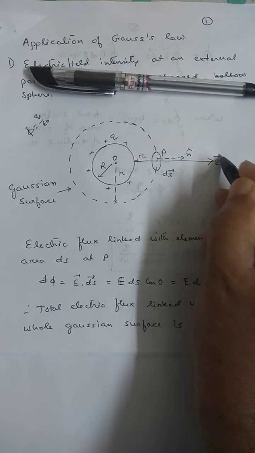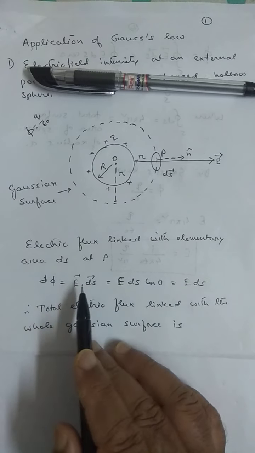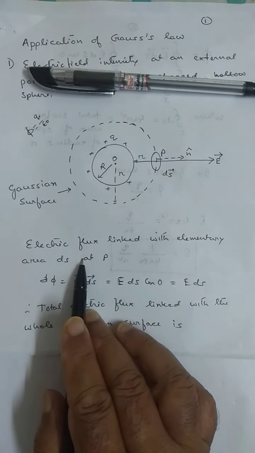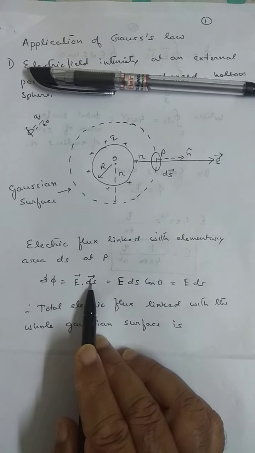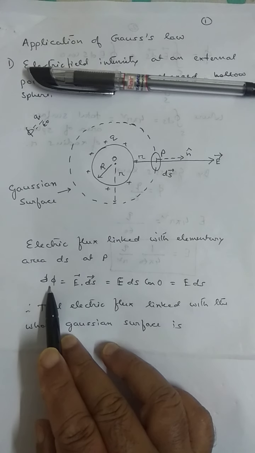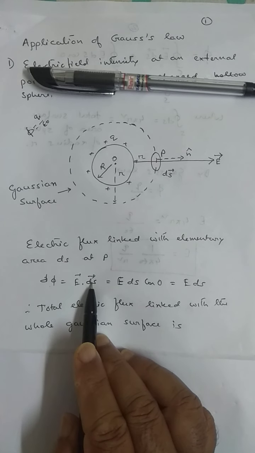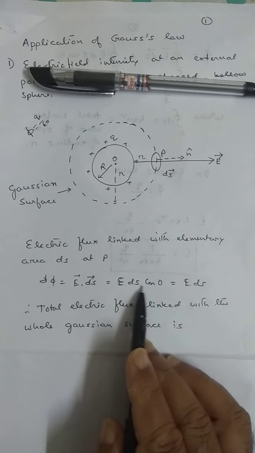Therefore, what is the electric flux linked with the elementary area ds? E dot ds. Electric flux is a dot product of electric field intensity with the area vector. E dot ds means E ds cos 0.